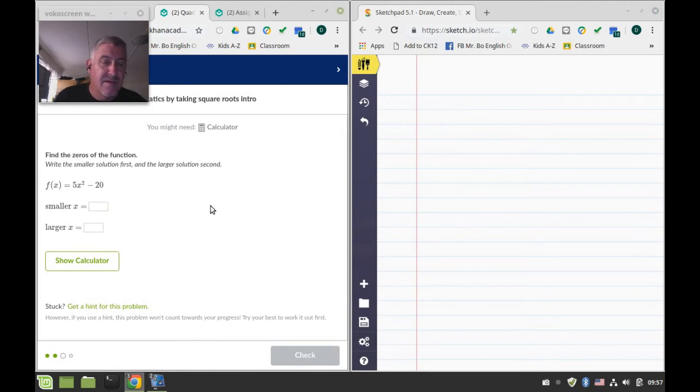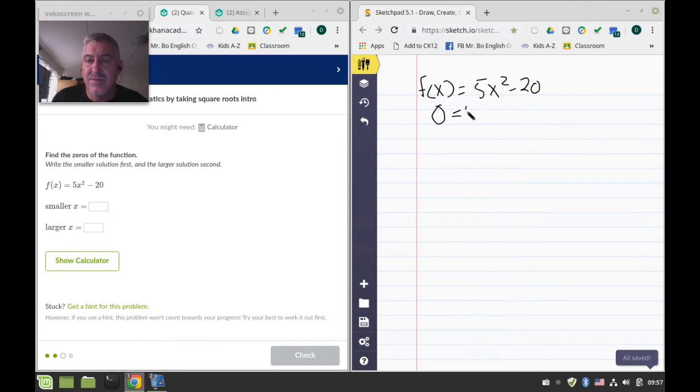Okay. Our next question, find the zeros of the function. Write the smaller solution first and the larger solution second. Our function is f of x equals 5x squared minus 20, and we want to know when it is 0. So 5x squared minus 20 is equal to 0.